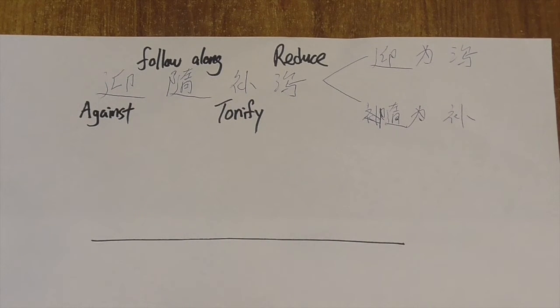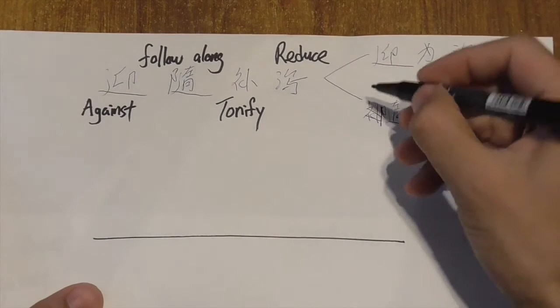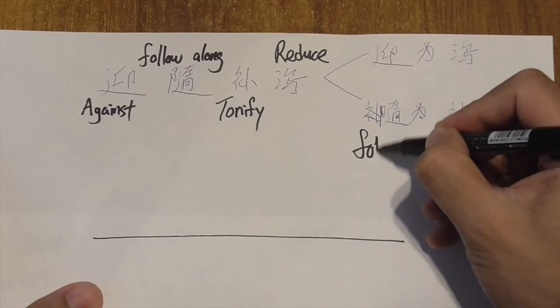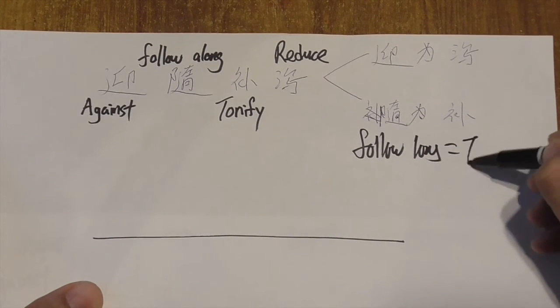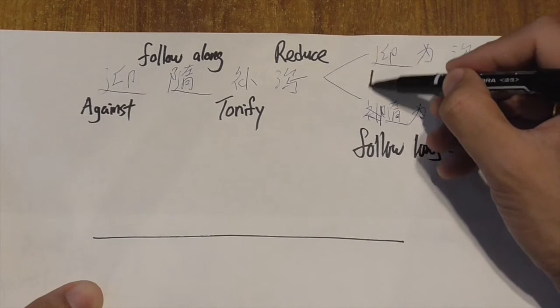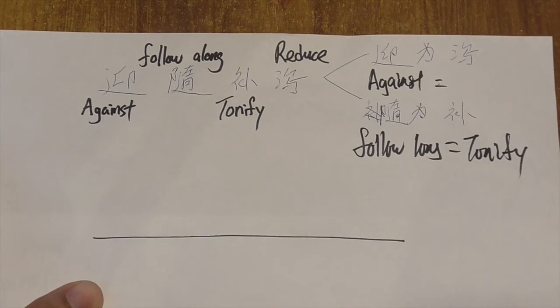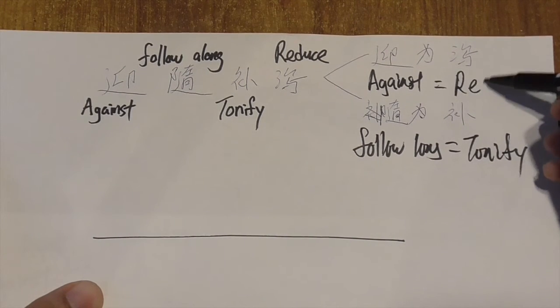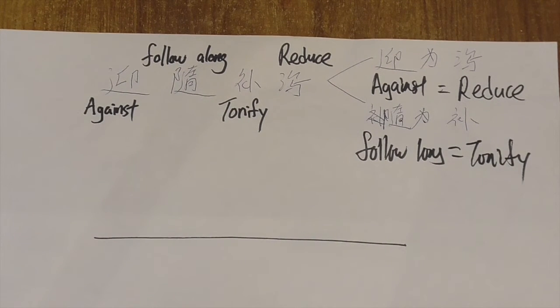If you do tonify technique, you follow along the meridian. If you go against the meridian, that means you are doing reducing technique.